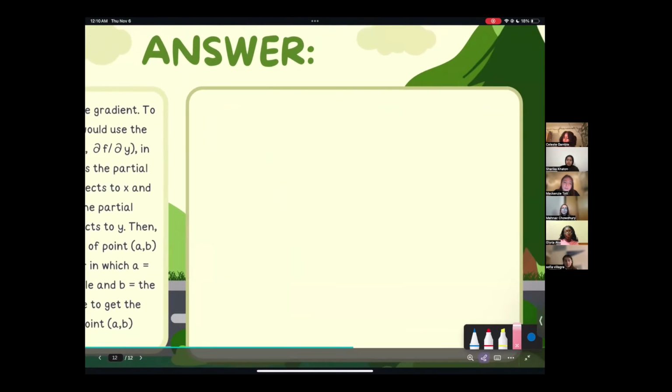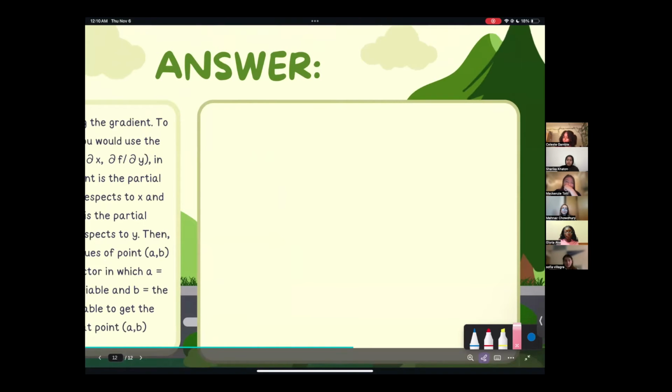To solve this problem, you're going to start with the definition of the gradient, which is that the gradient of function f is equal to the partial derivative with respect to x, and then the partial derivative with respect to y.